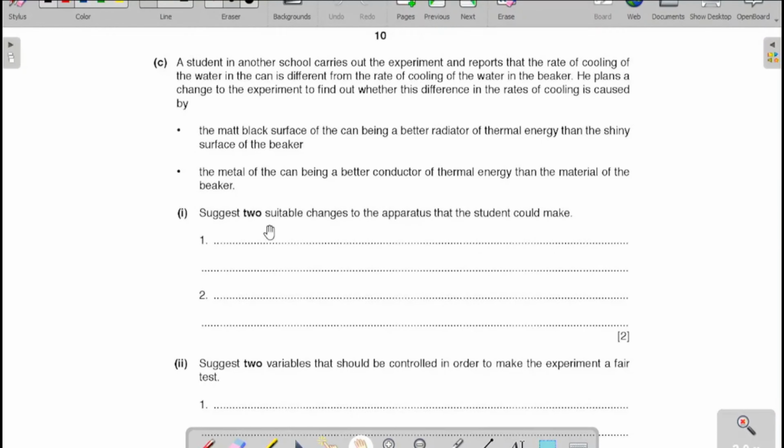Yeah? The can was painted black. So I think what we could change is to also paint the beaker. We need to paint the beaker to know whether it is the matte black that is causing it.